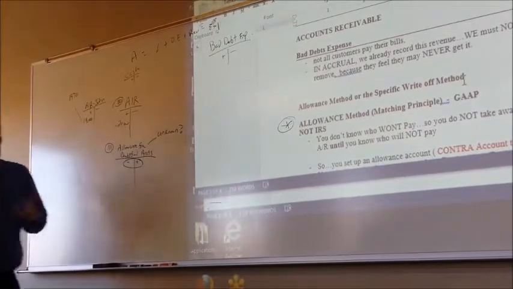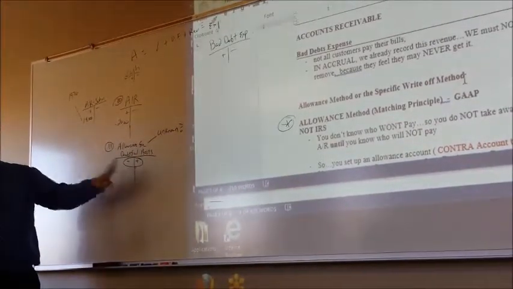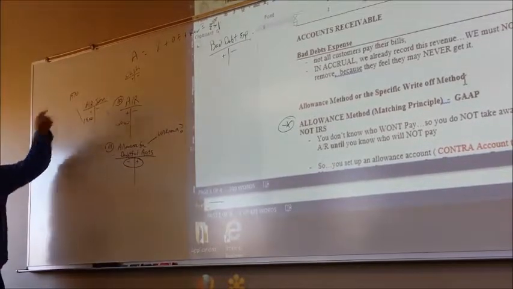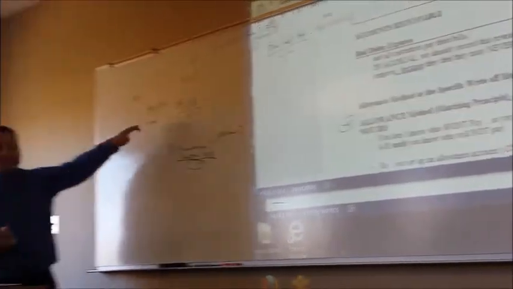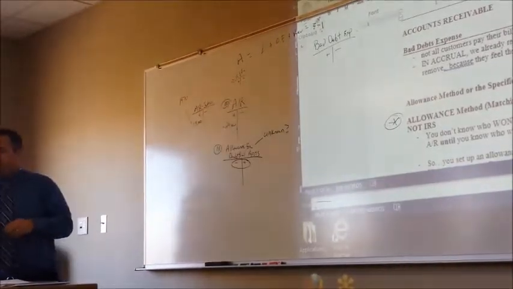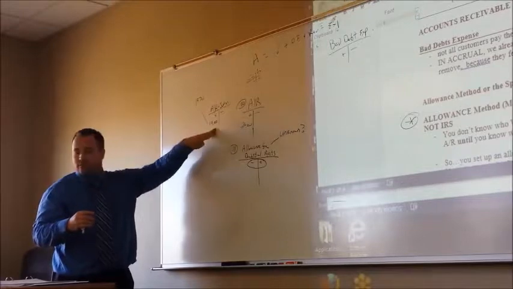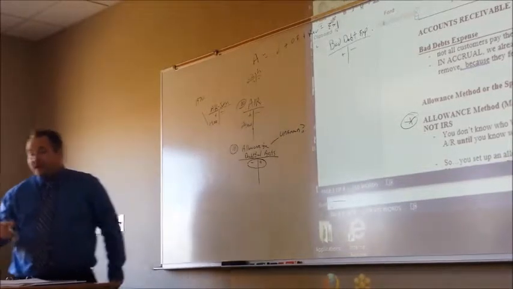I don't know who's not going to pay me. I just know there's going to be some dollar amounts that's not going to come in. When I actually determine who isn't going to pay me, that's when I write it off. If you've ever heard that term, you write it off. You take it out of their account and write it off of their account.